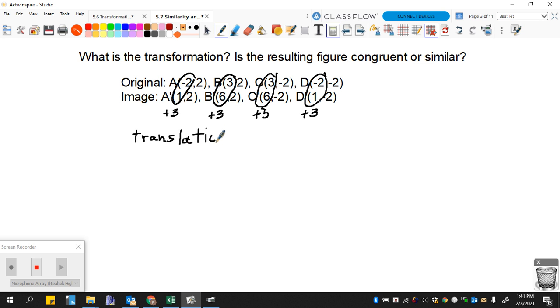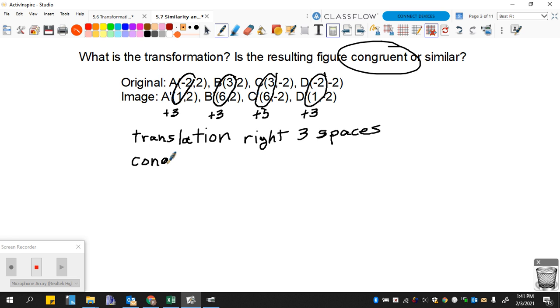So it's a translation right 3 spaces or spots. Okay. All right. So that's a translation to the right 3 spaces, and it's going to be congruent. Okay, because the size didn't change, because the y coordinate did not change at all.